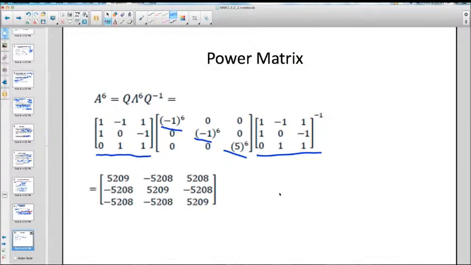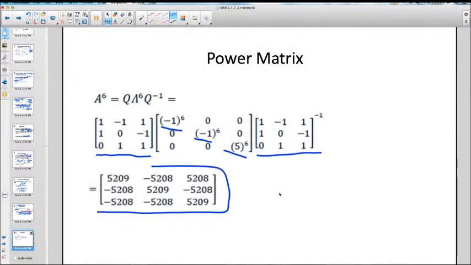Think of it as a scaling operation: each time you scale by this much, 6 times. That's it. So the computation is this number, and you see there are only 2 distinct numbers here, since they're all the same number.